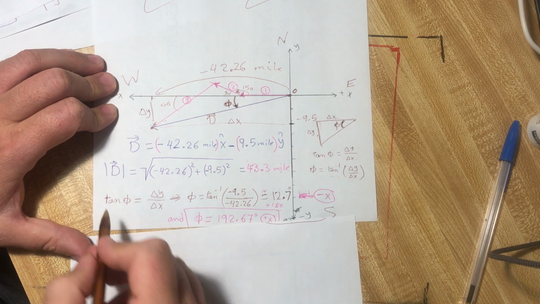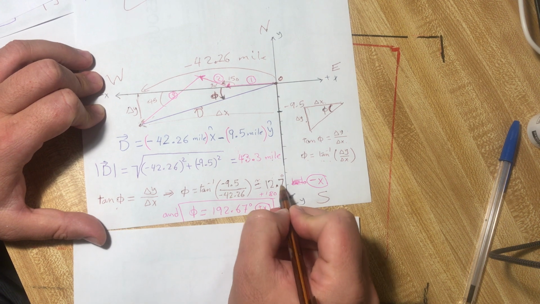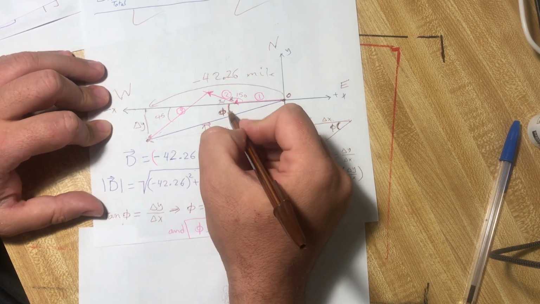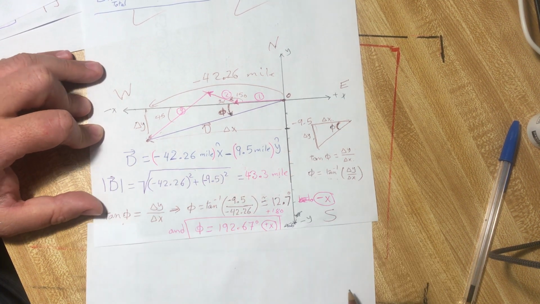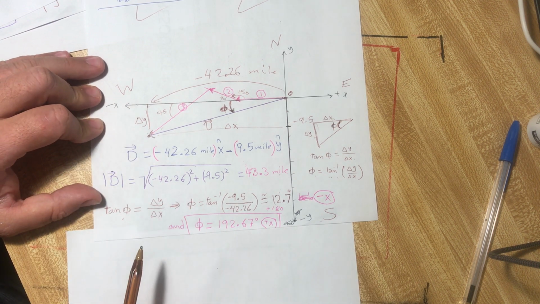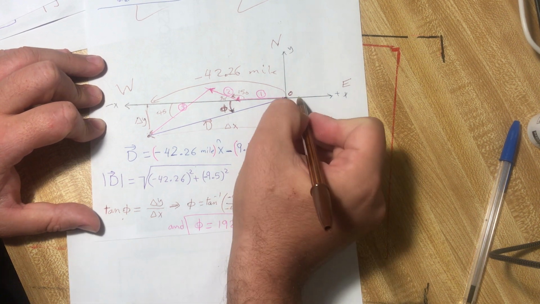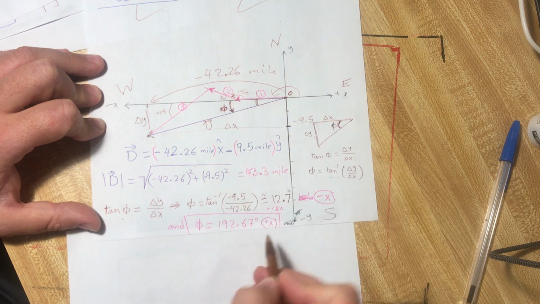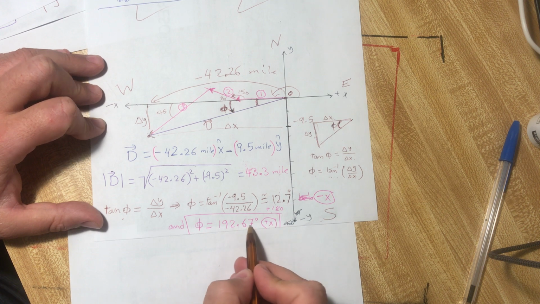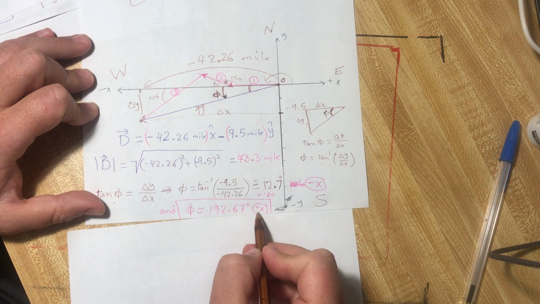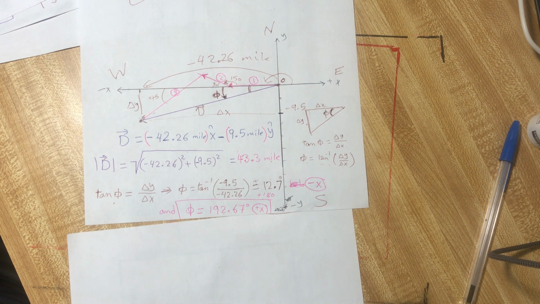In this way, phi is equal to 12.7 degrees below the negative x-axis, or below the west direction, between the west and south directions, which is equal to, if I add 180 degrees to this angle, 192.67 degrees with respect to the positive x-axis, or east. This is the first part of this example.